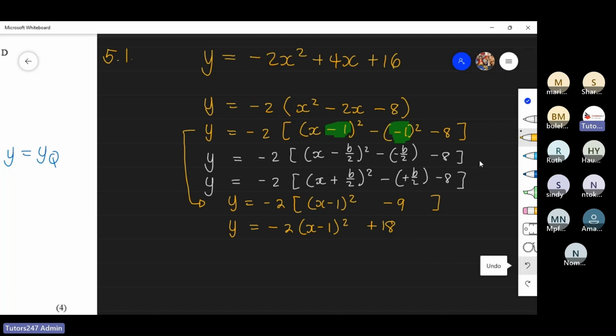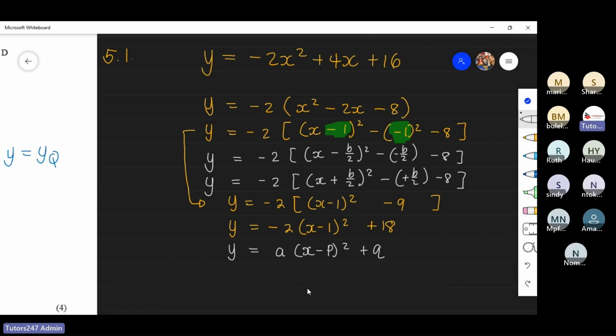We needed to complete squares to change the form of our standard form to our turning point form. And as you can see, it is in turning point form. If we write our turning point form, it's a into x minus p squared plus q. Sorry, this is supposed to be p, not 1.